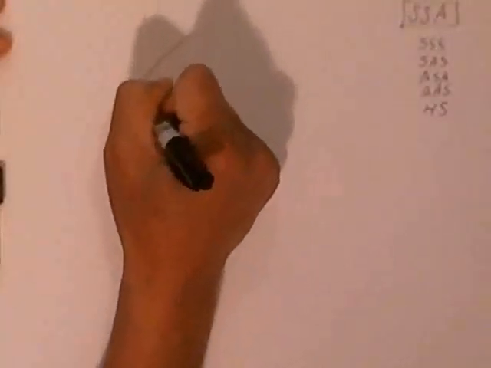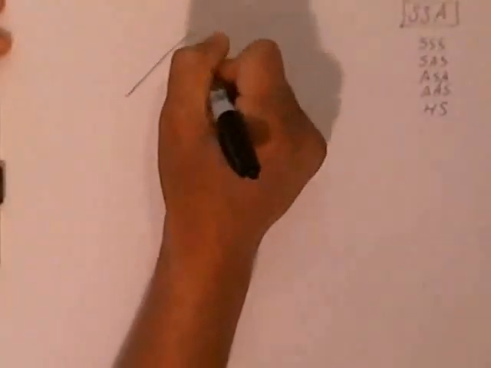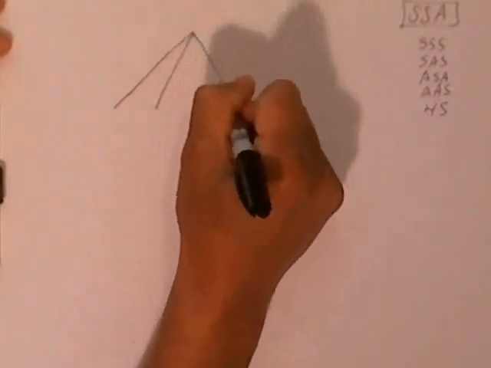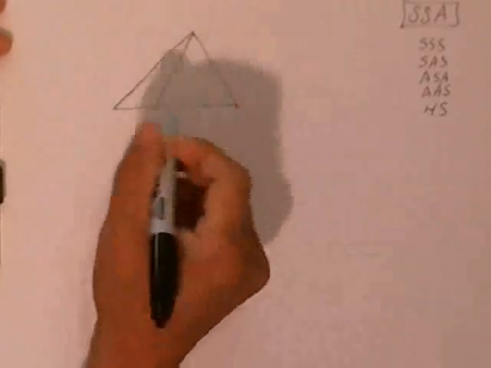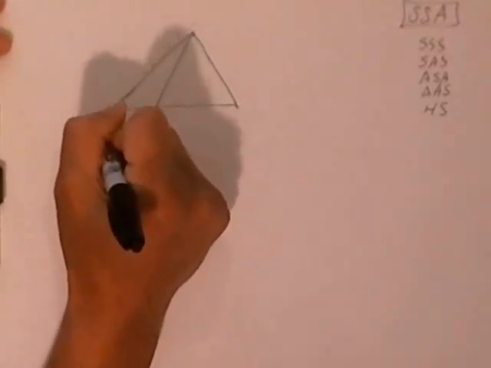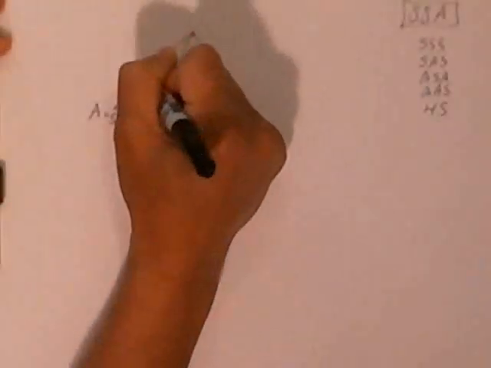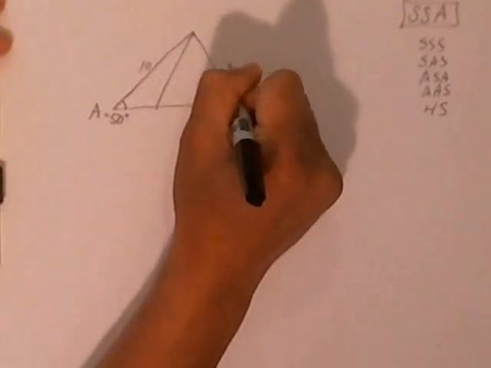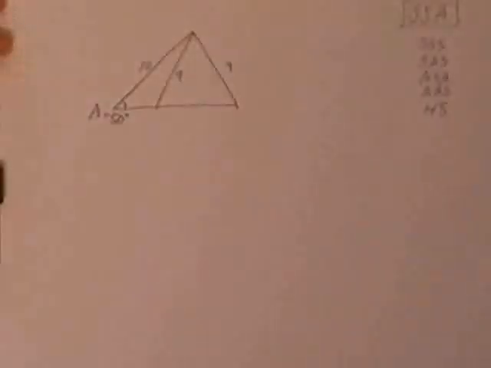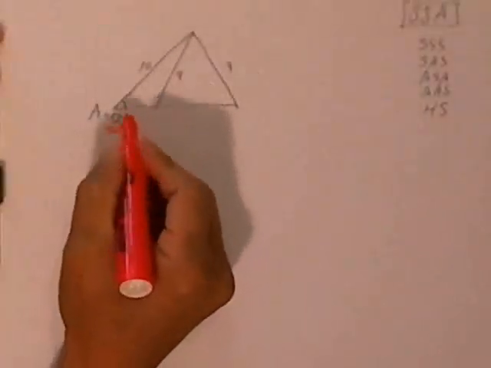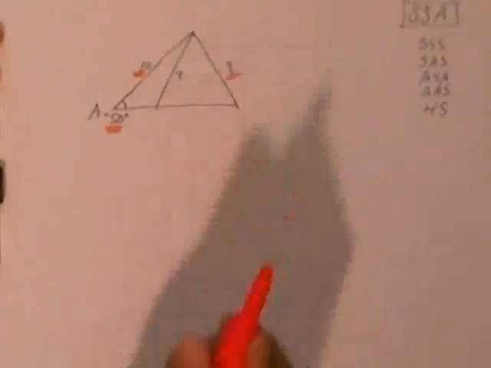I'm going to try to draw one for you. That's a little bit off, but it's okay. Suppose this is 50 degrees, and this length is 10, and let's suppose this is 9. This one's fixed, that one's fixed, and that length is fixed.